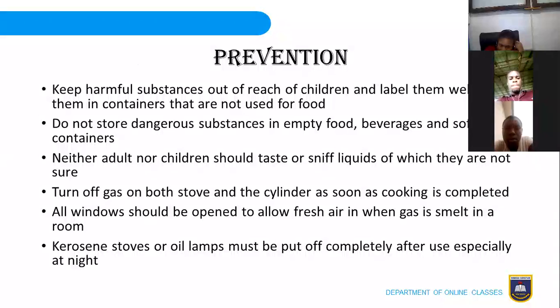Some of the few things we said was that we should keep harmful substances out of reach of children, and all harmful substances should be well labeled.